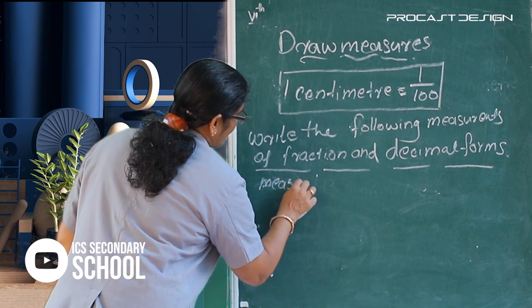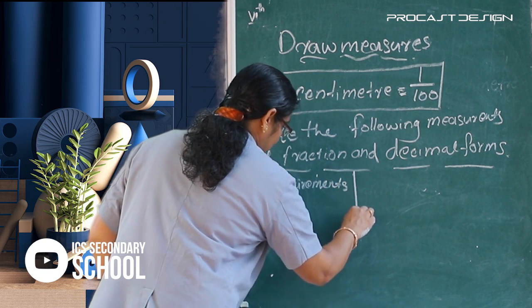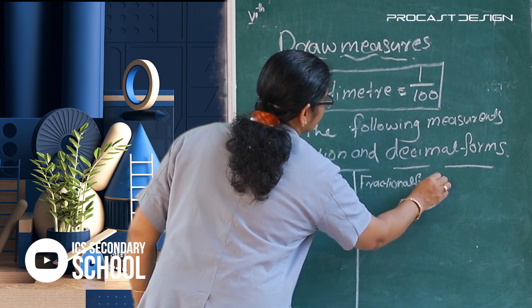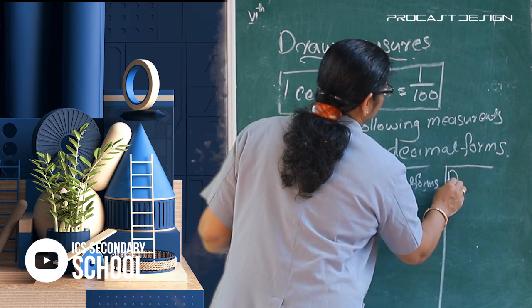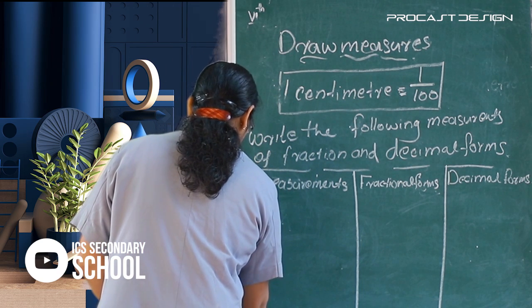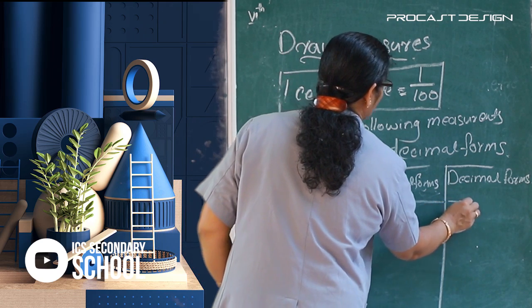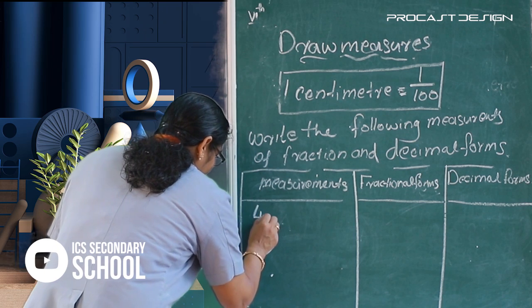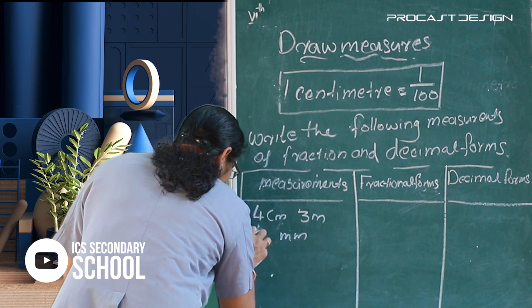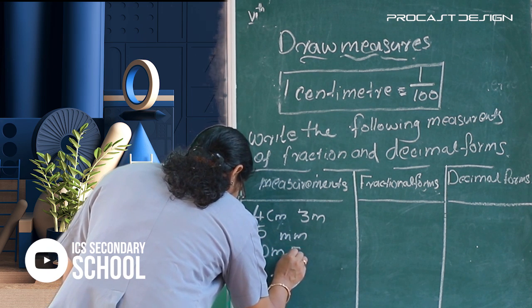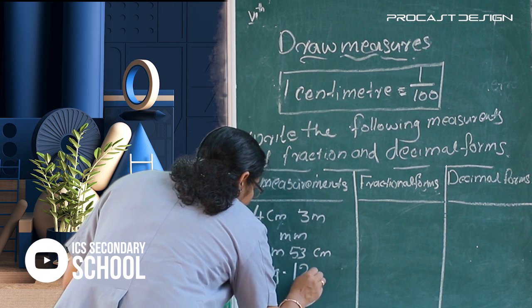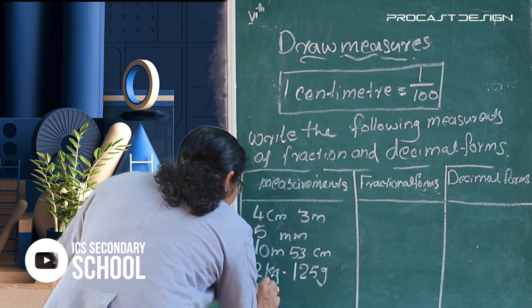Measurements: 4 centimeter 3 millimeter, 5 millimeter, 10 meter 53 centimeter, 2 kilogram 125 gram, 325 milliliter.